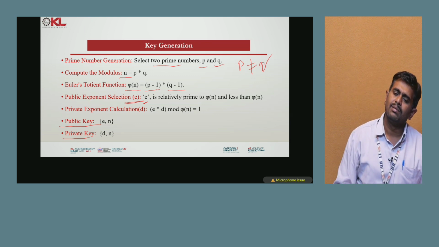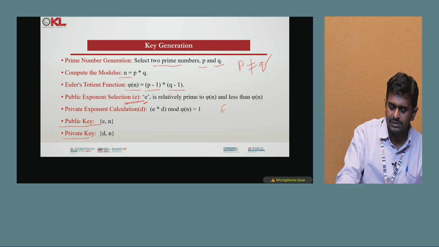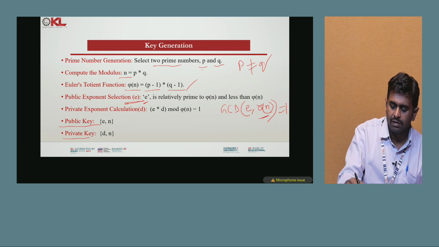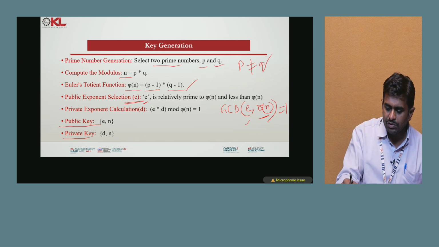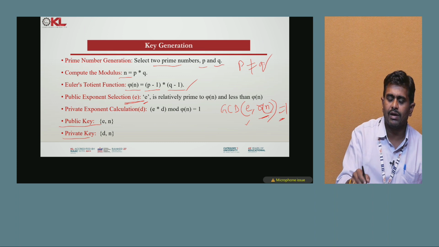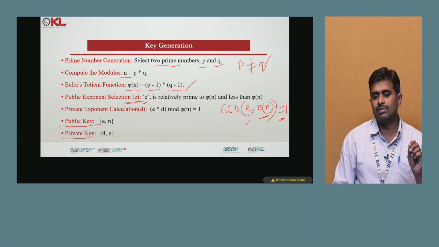Since you already have the phi(n) value, you can select e based on it. The greatest common divisor of e and phi(n) must equal 1; that formula should be satisfied by your e value.